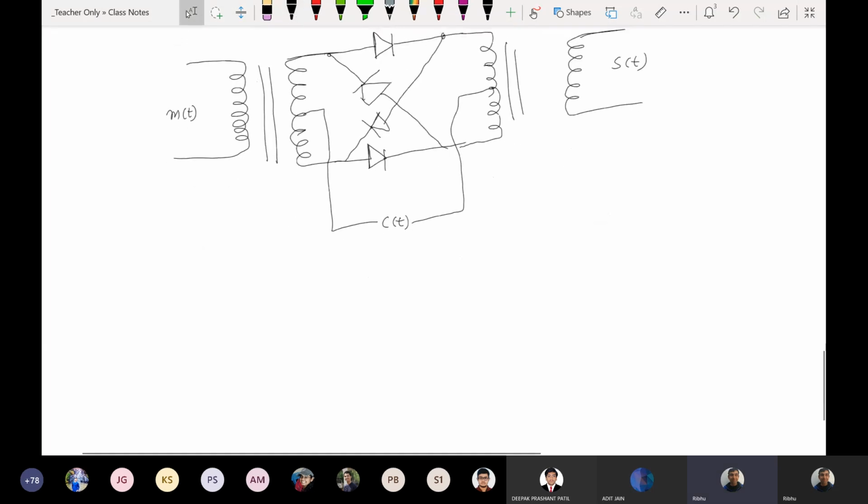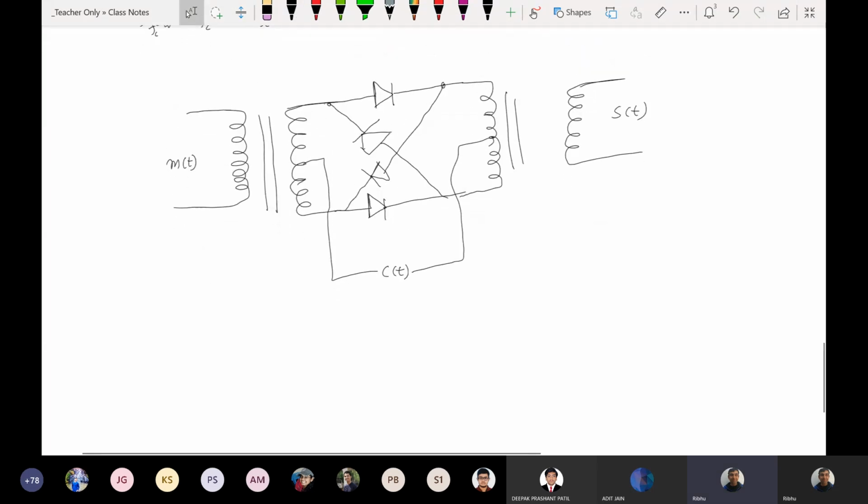Fine. So now tell me. This is what is there, and this is c(t). So c(t) is applied, and we identify 4 points.